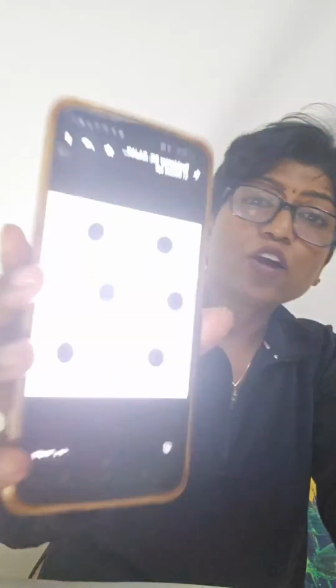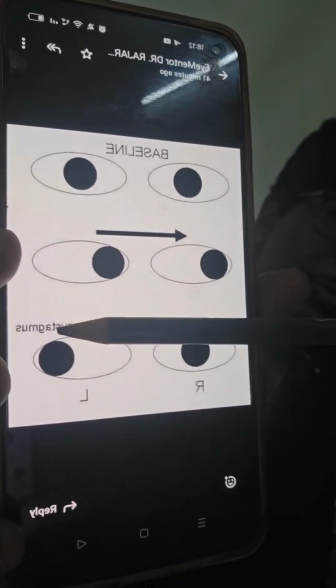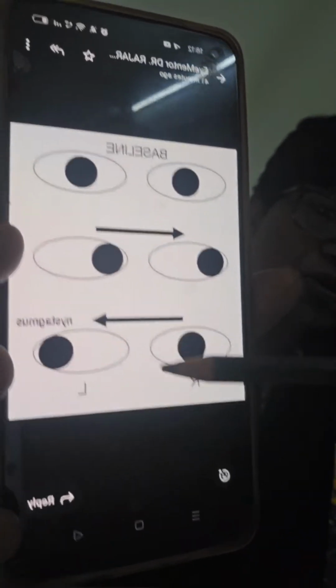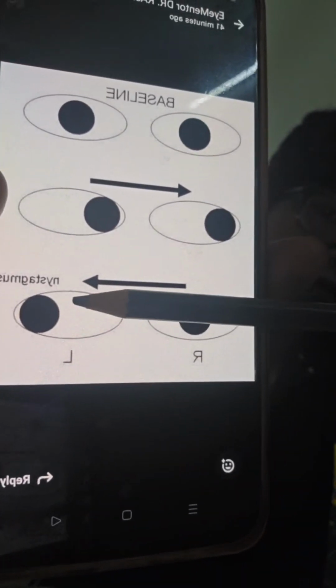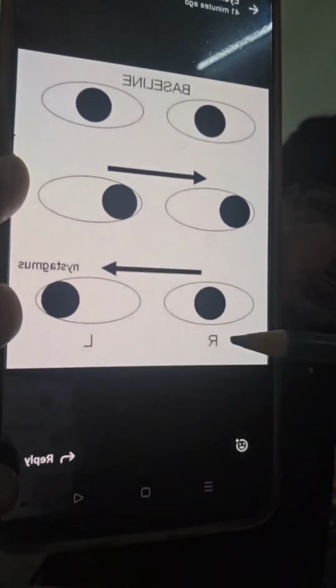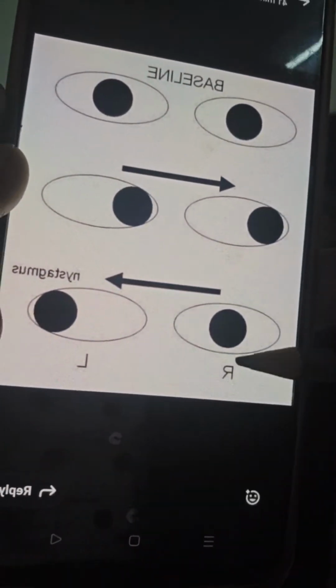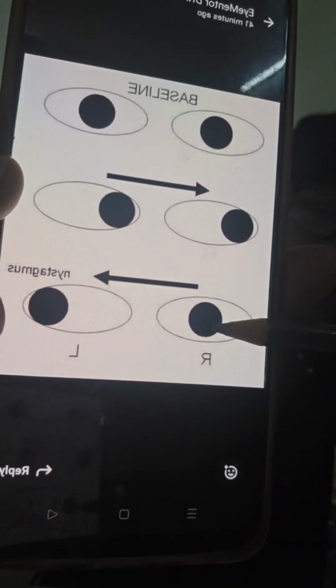They have also written that above the abducting eye there is nystagmus. So when I have an adduction deficit and an abducting nystagmus, this is internuclear ophthalmoplegia because of an MLF lesion.